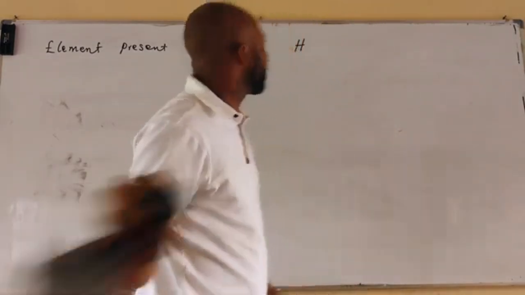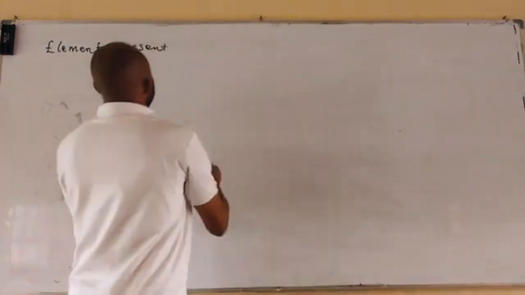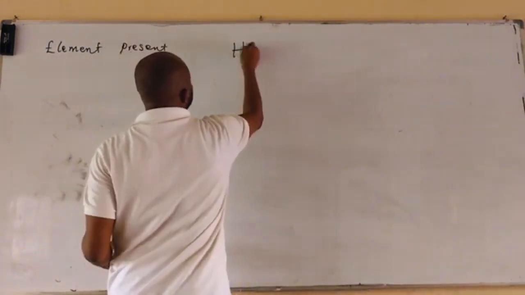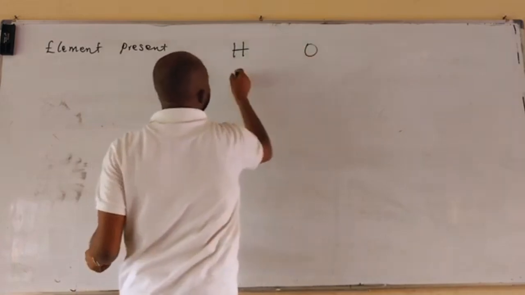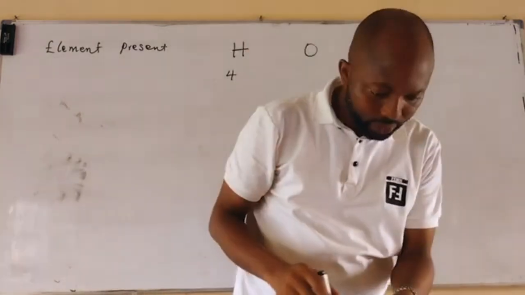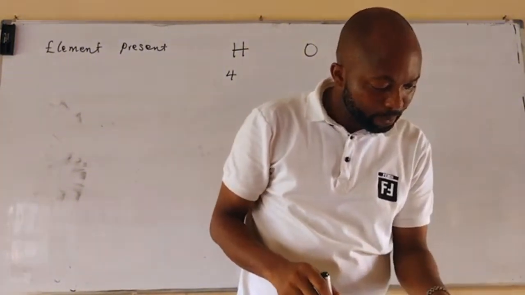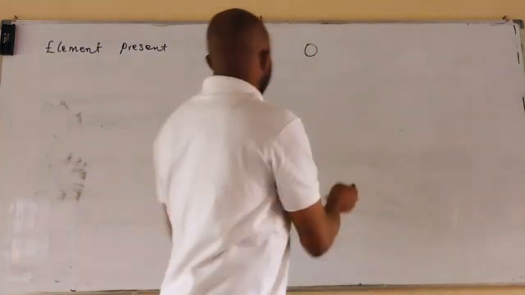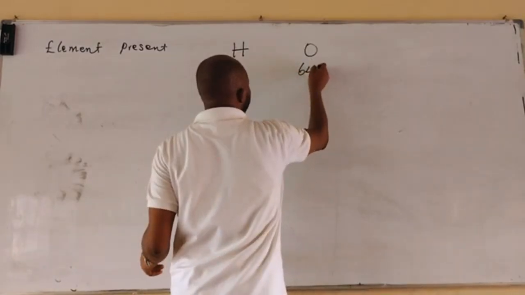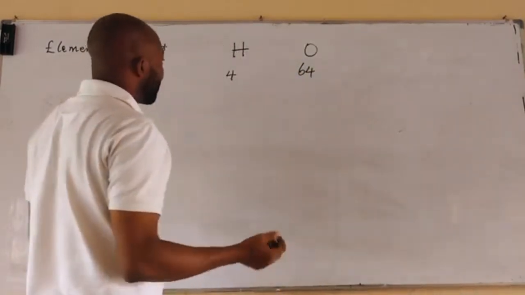So it's hydrogen and oxygen this time around. Element given: 4 grams of hydrogen, 64 grams of oxygen. So this time around, it is the mass they have given to us.